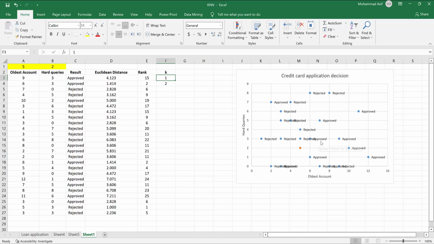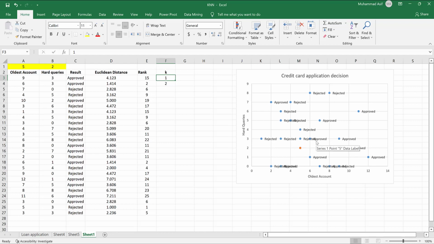So if Excel chooses these 2 points as nearest neighbors, then the answer would be rejected. However, if Excel chooses these 2 points as the nearest ones, then the answer will be 50-50, which means one was rejected and the other was approved.